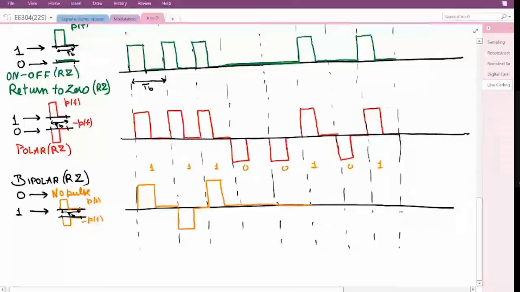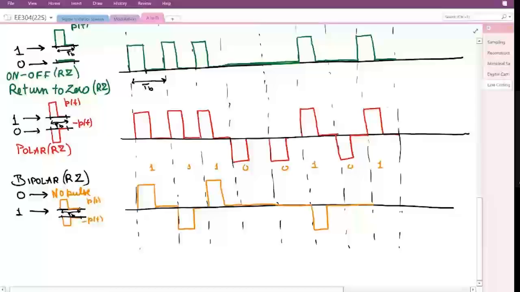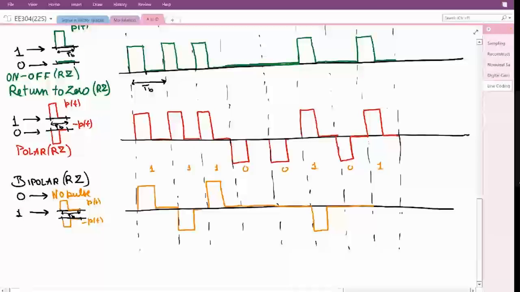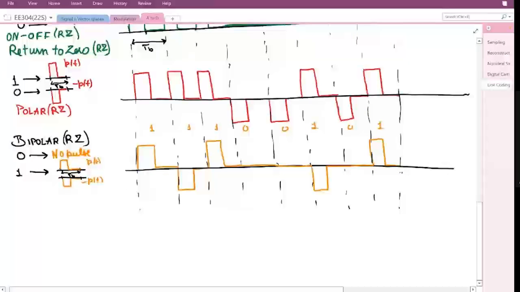And as the previous one had plus PT, this one will have minus PT. So this is how bipolar RZ is going to look like.